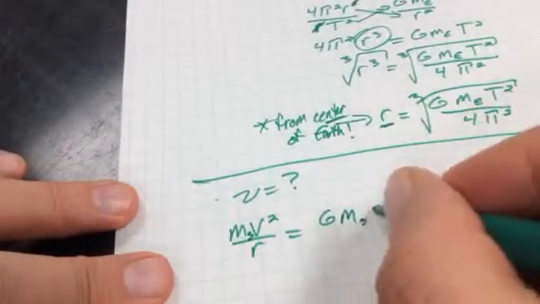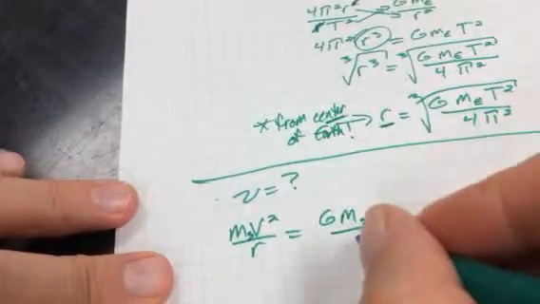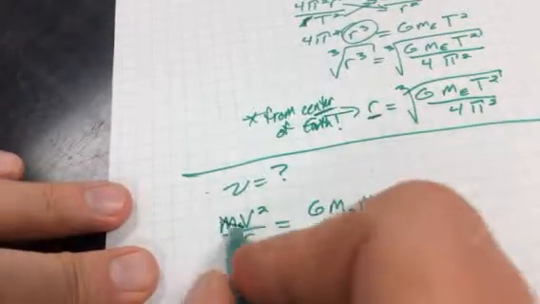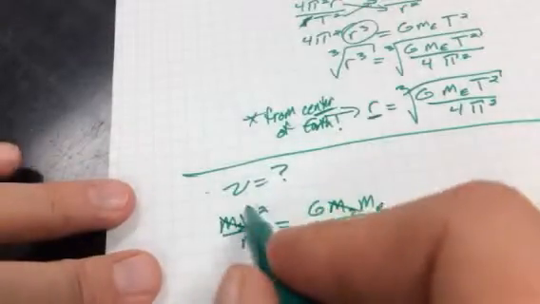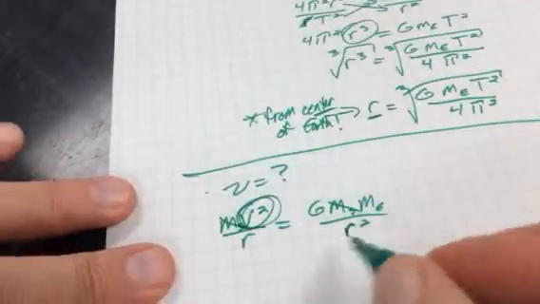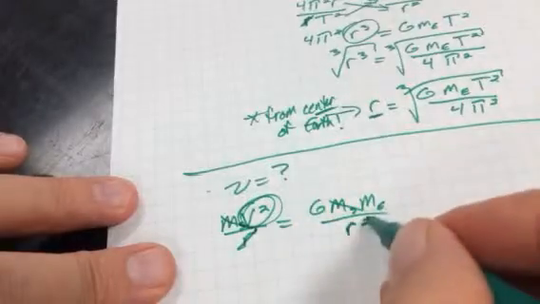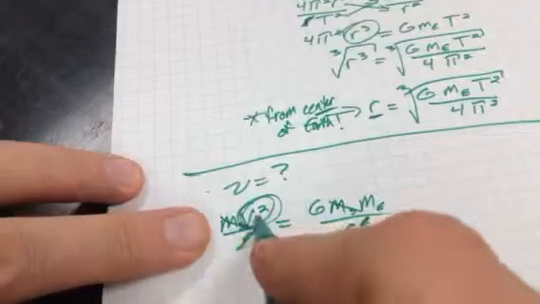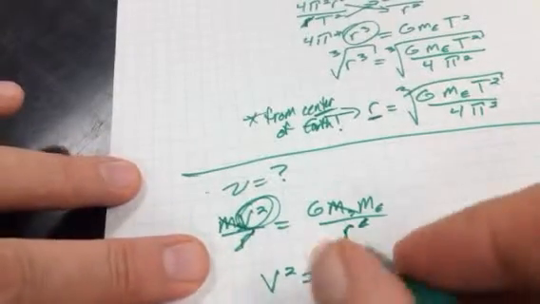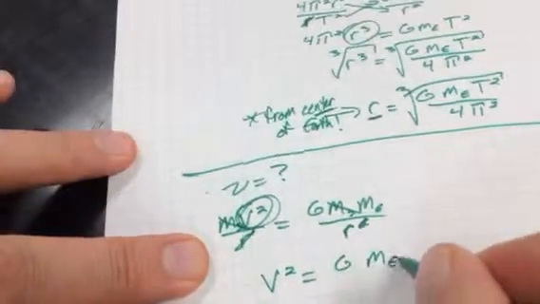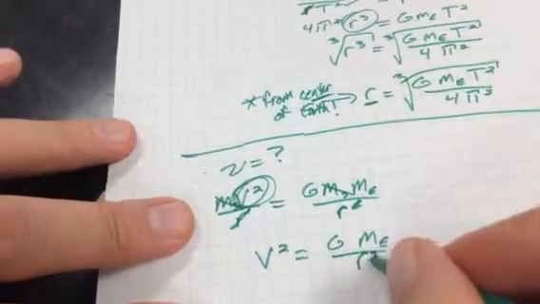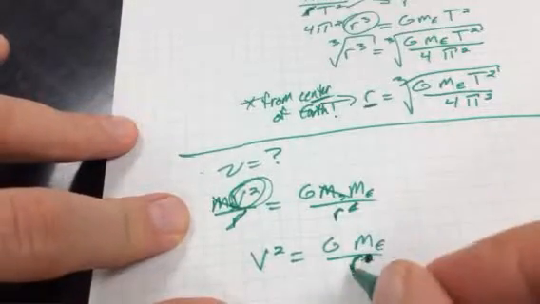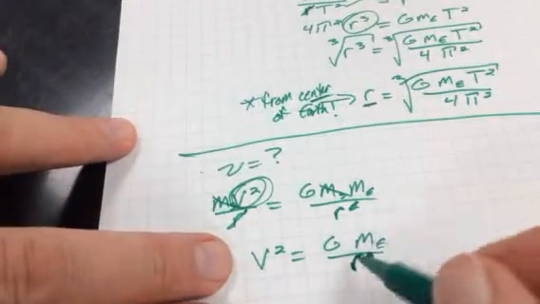Again, that's the satellite, and that force of gravity between the satellite and the Earth over the distance squared. In this case, those two things cancel out, same on both sides. Now we just want to know that. Oh, and by the way, this will cancel out with one of those. So now we just rearrange to solve for that. It's equal to that times the mass of the Earth over, oh, my bad, because we already canceled that out, over the distance to the satellite.